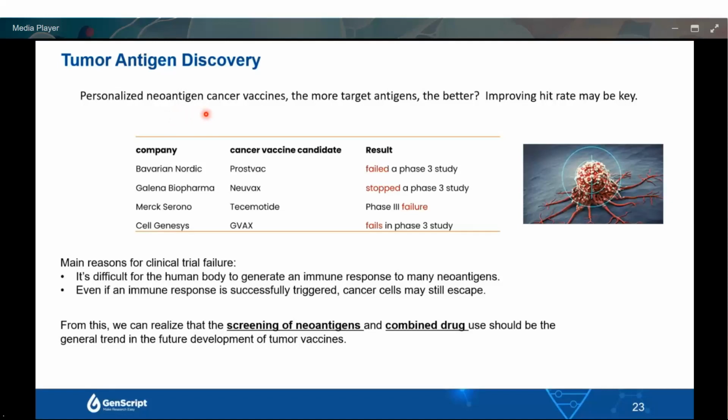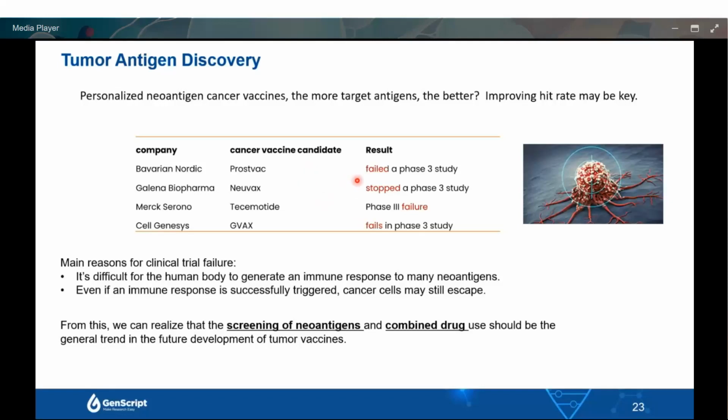So we're trying to find the more neoantigens, the better. But after we see all these failures, we think improving hit rate may be the key.